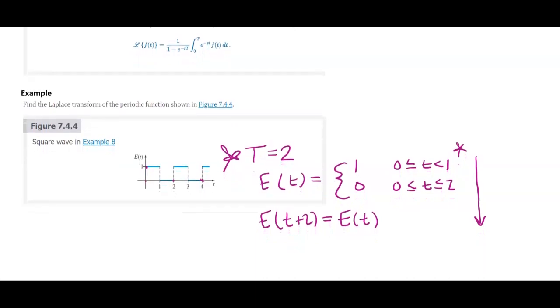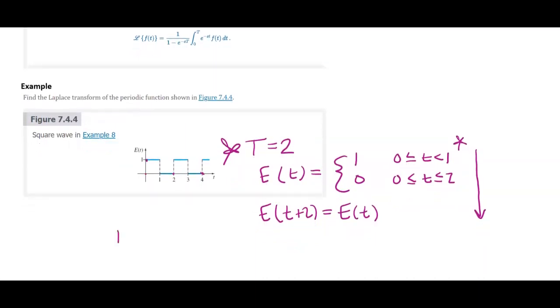So the Laplace transform is going to be 1 over 1 minus e to the negative 2s, since big T is 2. And then I do need to split this into two separate integrals.